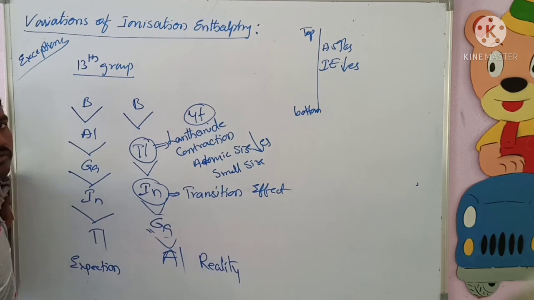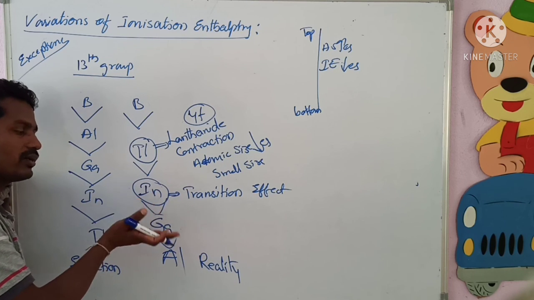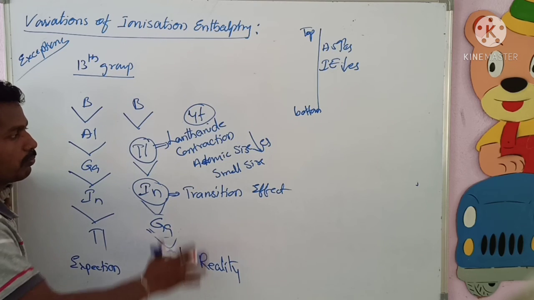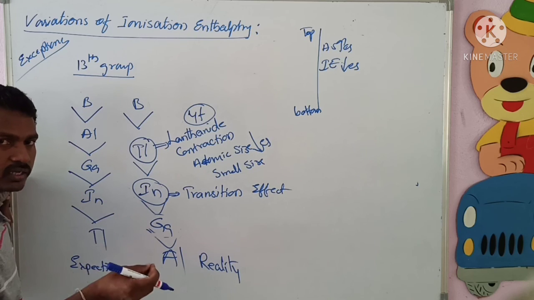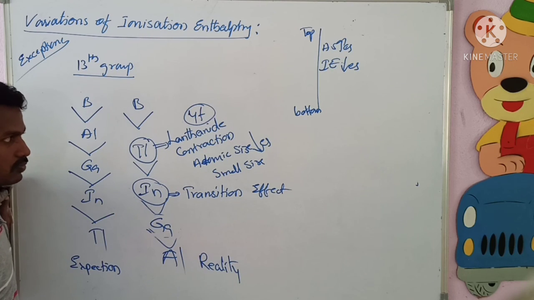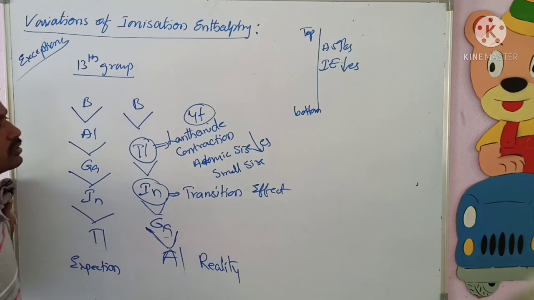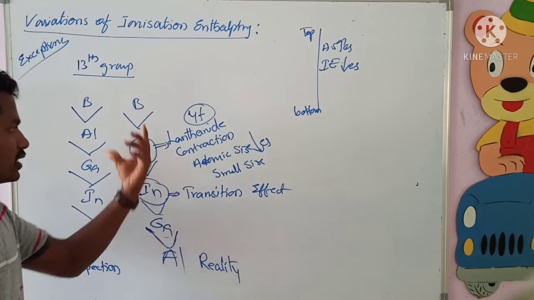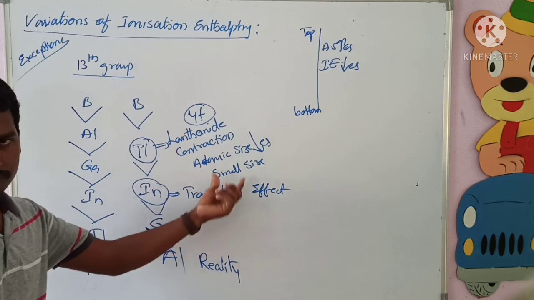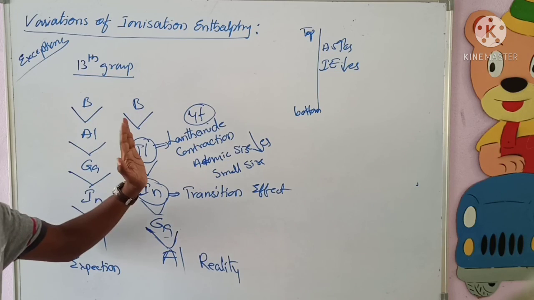Due to the transition effect, the size of indium also decreases somewhat. By these reasons, the 13th group elements show different variation in ionization energy. So this is our expectation, but reality is this due to some reasons. These are the exemption cases in ionization energy.